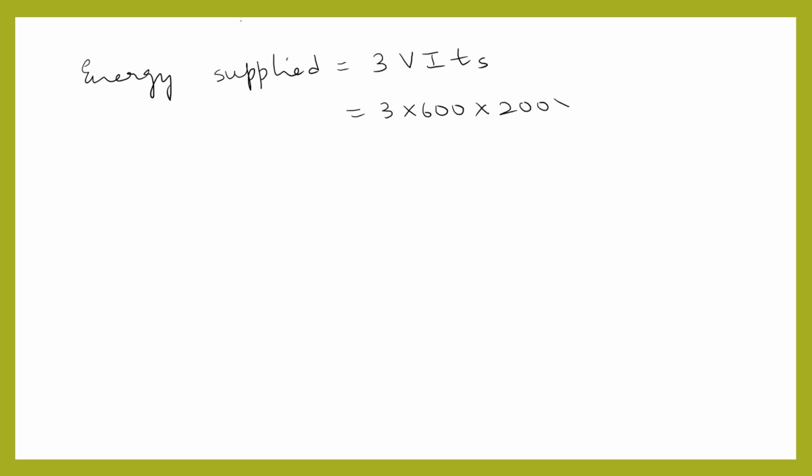We have the energy supplied in series position given by 3 VITs, that is 3 into 600 into 200 into 12.9, which comes around 4.64 into 10 to power 6 watt second.